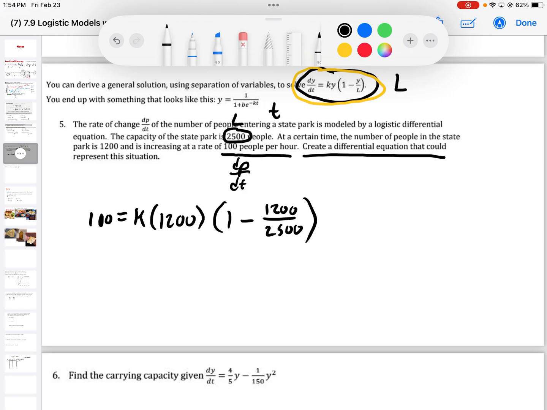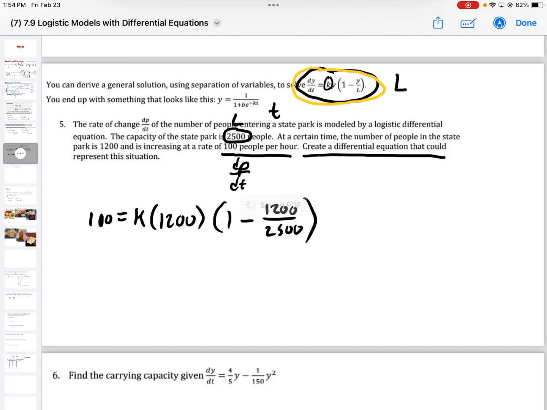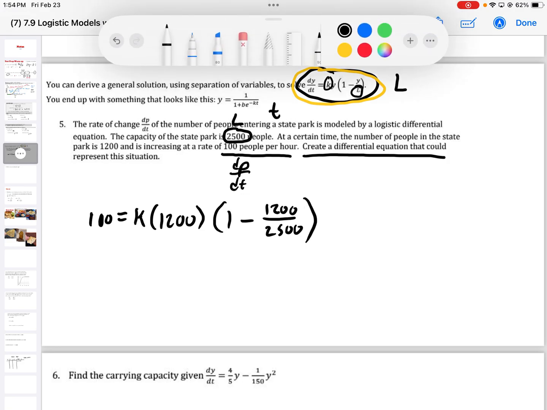So what I'm looking for is K and L. Those are the two numbers that we need to find to plug into the differential equation. So without a calculator, I could cross out those two zeros. And I could divide by 1200. Cross out those zeros.